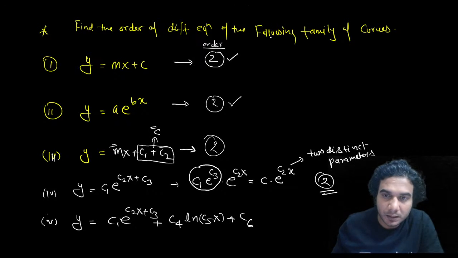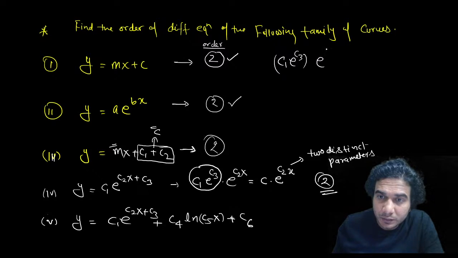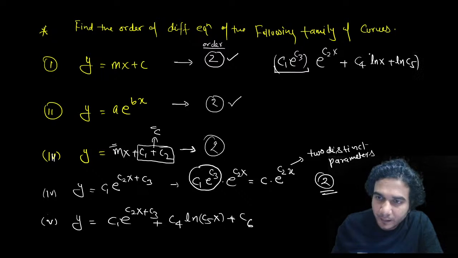First of all, we can write C1 e raised to C3 and e raised to C2x. You can't remove this C2. So effectively this is one parameter. Now you can write C4 ln of C5x as ln of x plus ln of C5, and plus C6.